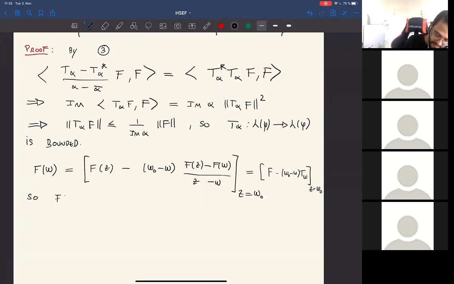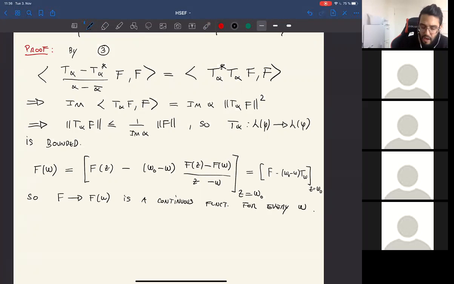So the map F to F of W is a continuous function for every W, okay? And that comes by the continuity of TW. Okay, any questions here in this computation?